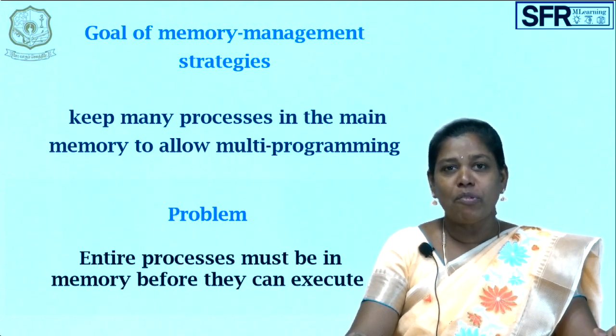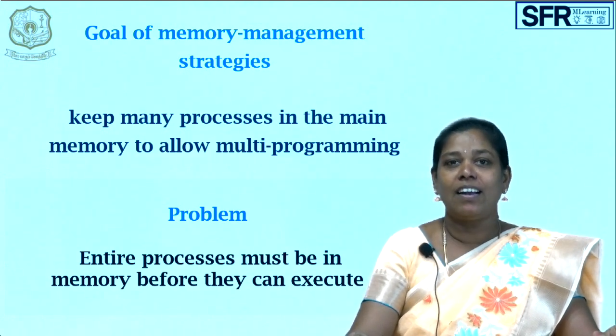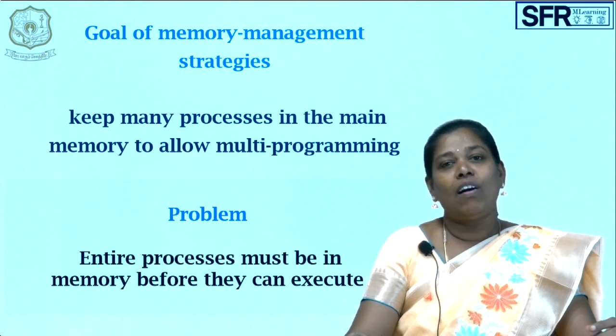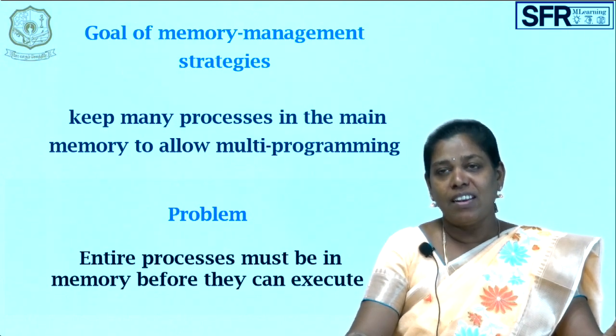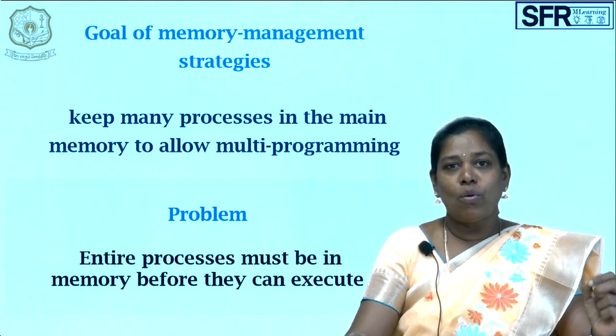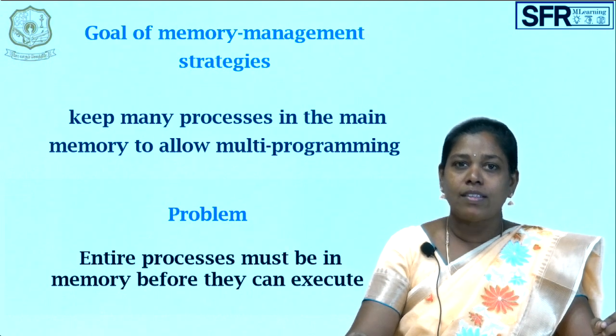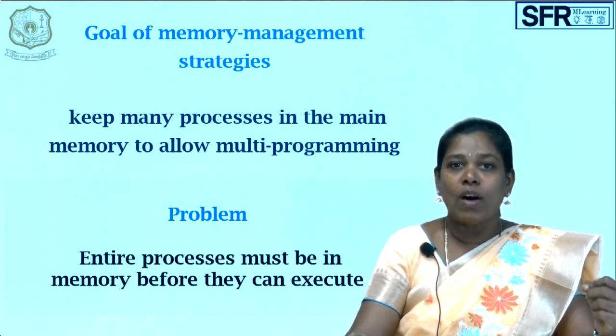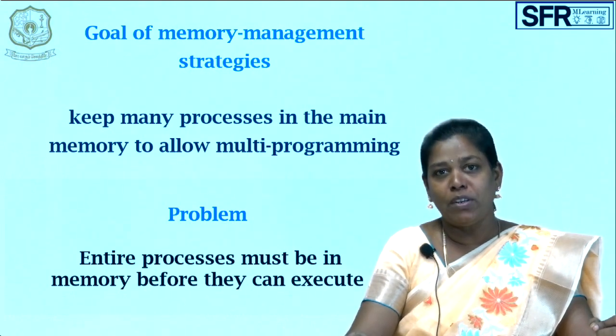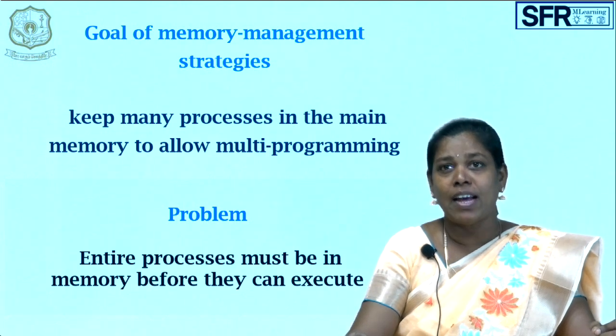But the size of the primary memory is limited, as we all know. All the data will be stored in the secondary storage memory, that is called the backing store. So, while managing memory, the problem here is that more than one entire process cannot be brought into the main memory at the same time.